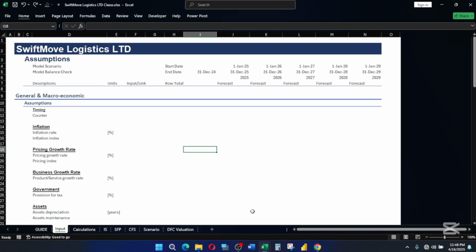In today's class, we are going to continue from where we stopped in our previous modeling class, which is on the model style guide. Today we are going to continue from the assumptions, the input, the drivers of the entire model.